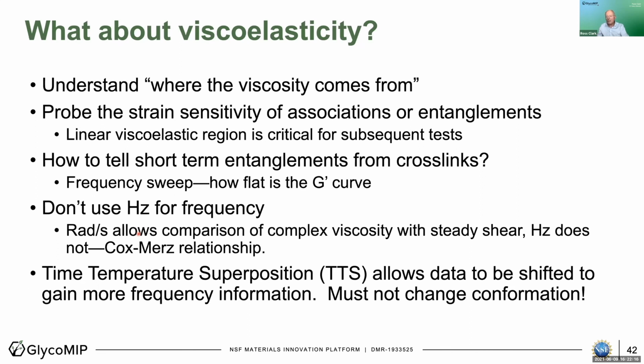And it says that if I measure in radians per second, not cycles per second, so a difference of 2 pi, my frequency relates to my shear rate in reciprocal seconds. But that only holds if you measure in radians per second. So any well-trained rheologist always uses radians per second and not hertz.